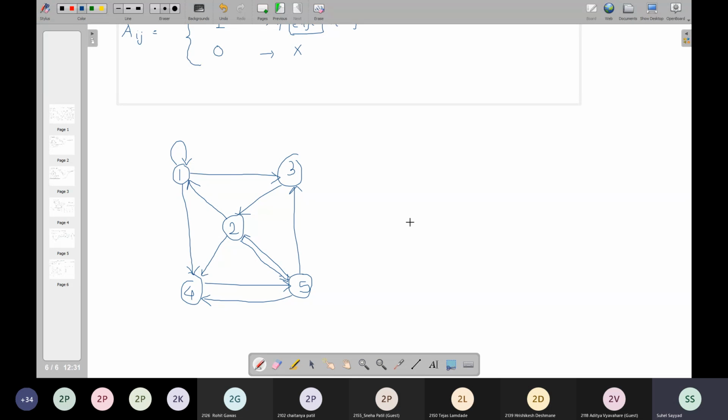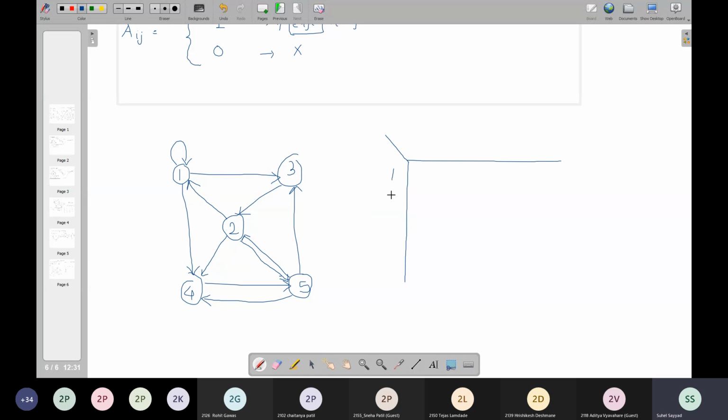Suppose this is the directed graph which I have taken. Is this figure visible to you properly? Directed graph? Yes, sir. Now again this will have a matrix of size n by n.